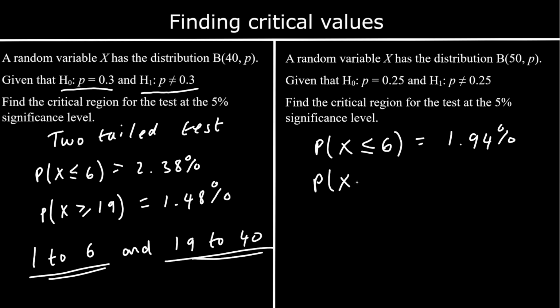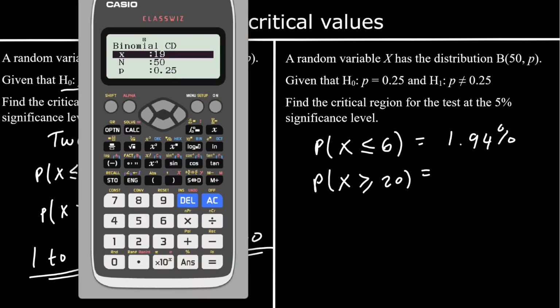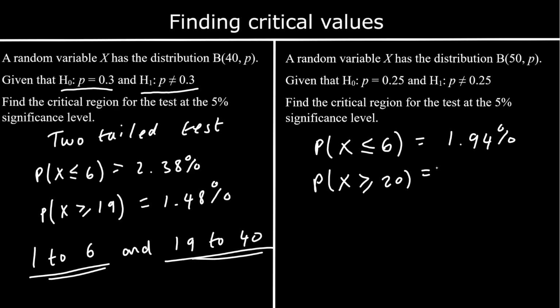So the probability of 20 or more is 1 minus the answer, which is 1.39%. So the critical region is anything from 1 to 6 and anything from 20 to 50.